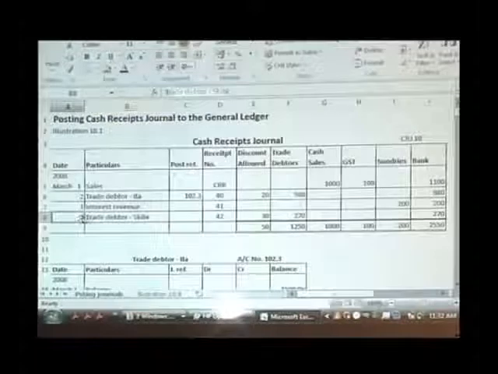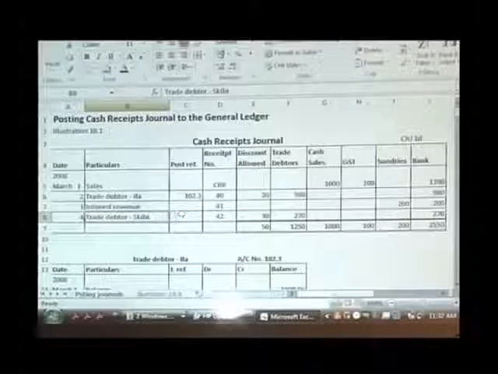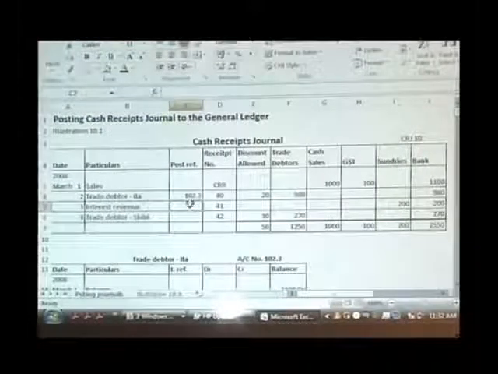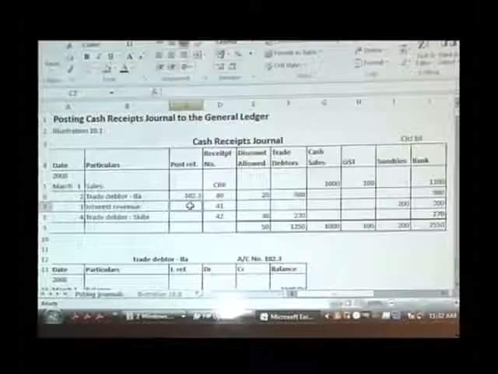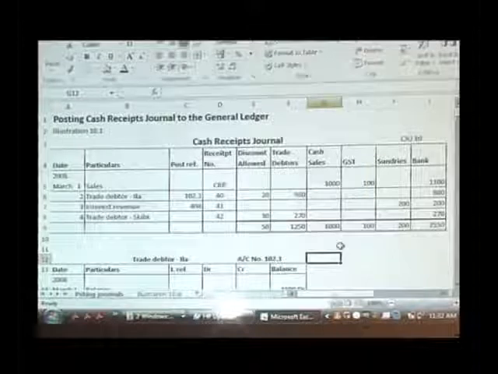The next item is on the 4th, amount received from debtor, and here you have to record the account number, that is 404.